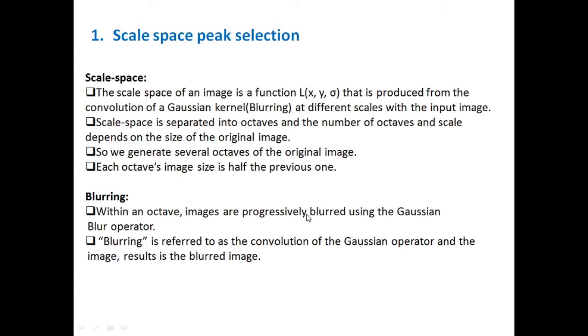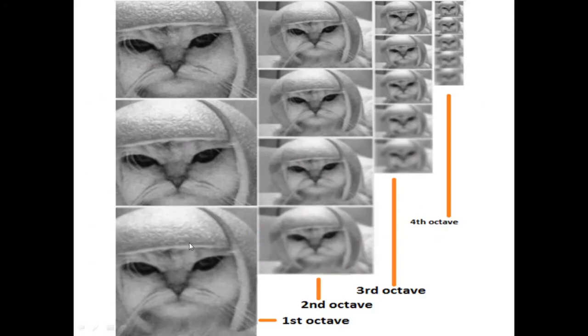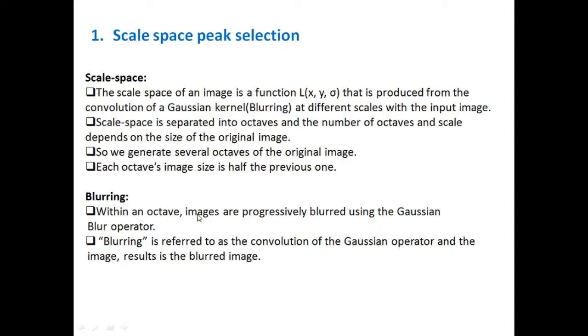Within an octave, images are progressively blurred using the Gaussian blur operator. You can see here it is more blurred, a little bit blurred, blurred, and it is very clear. As you go down, the blurring increases. It is the effect resulting from the Gaussian operator.